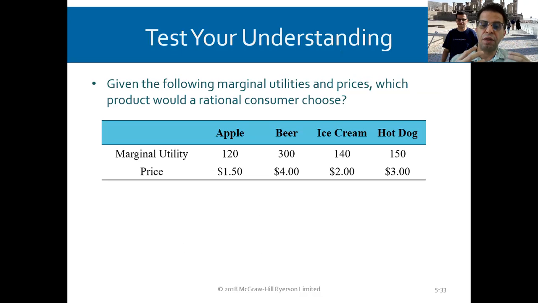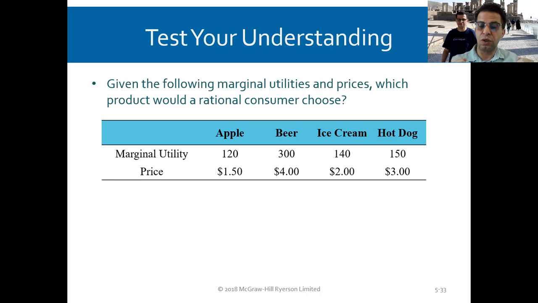Here, the marginal utility of apple is 120, but the price is $1.50. On the other hand, the marginal utility is way higher for the beer, but the price is $4. The ice cream is definitely higher than apple, but $2. And the hot dog is also higher than apple, but it's $3.